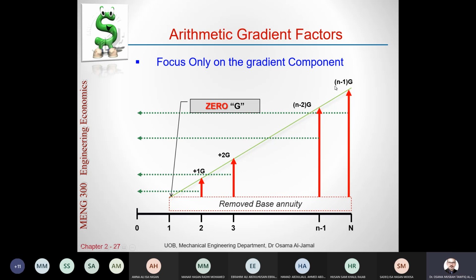The last one is (N minus 1)G. Why N minus 1? Because we start 0G at time period 1. What about if we start at period 3? Then that one will be N minus 3. We'll see that once we come to it.